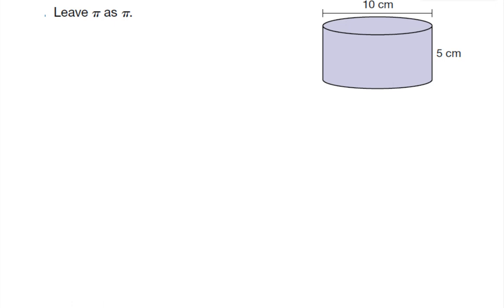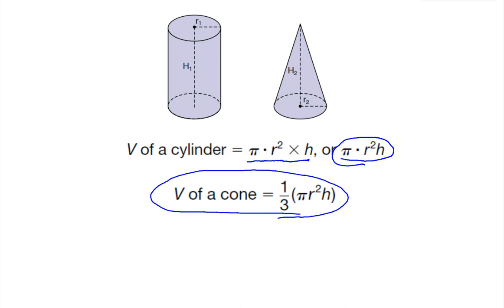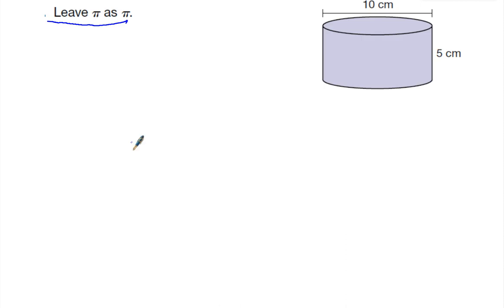Now, we'll often see something here that says leave pi as pi, which means that they don't want me to multiply by pi. So to find the volume of a cylinder, I'm going to take pi times the radius, which in this case is half of 10, which is 5 squared times the height.